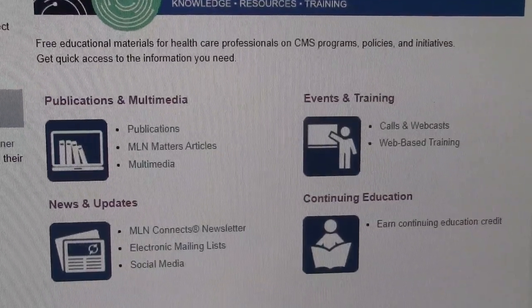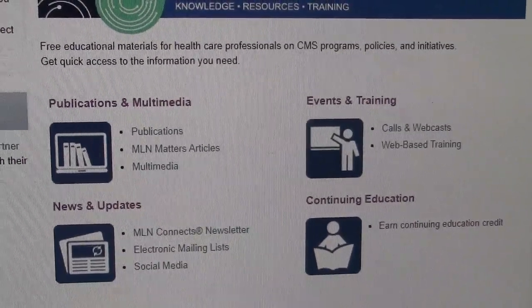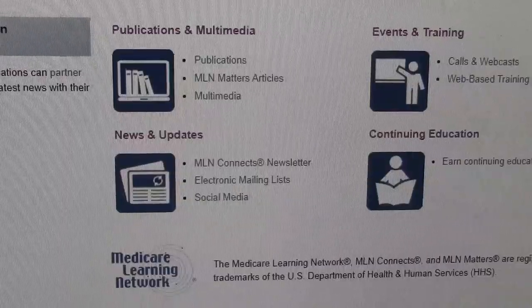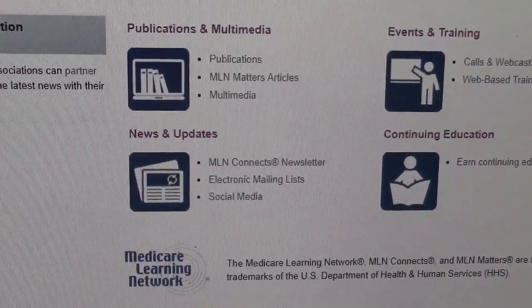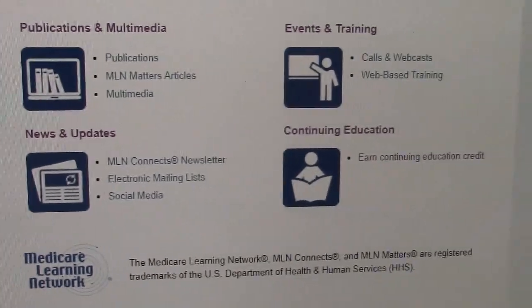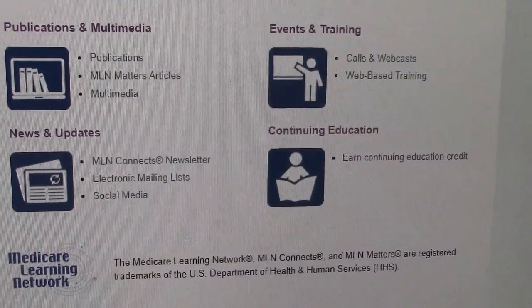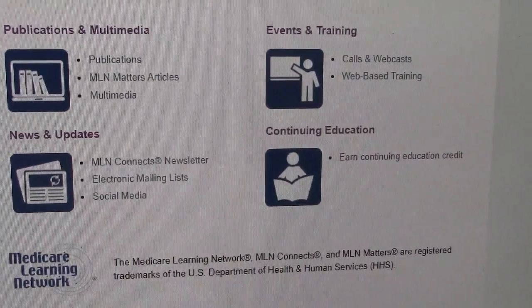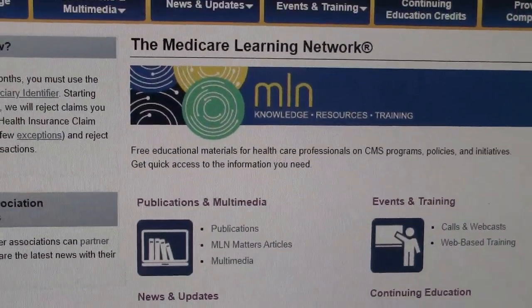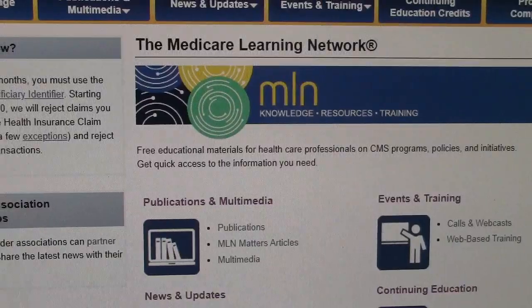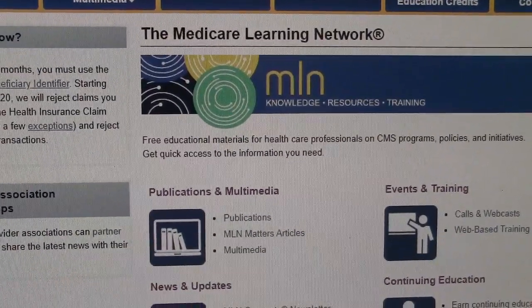There's some that do have a cost to them, but there's some that are free on there. Your MLN Connects newsletter, electronic mailing list, and social media. And then you can earn continuing education credits. All of this on the Medicare Learning Network on the cms.gov website.